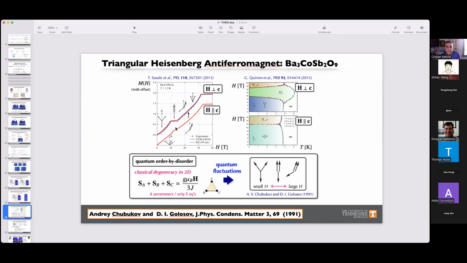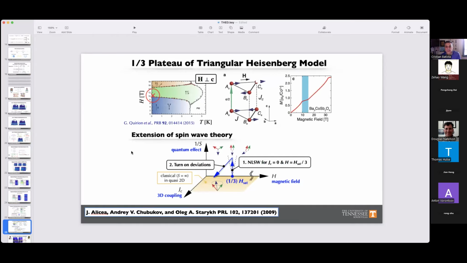And interestingly, the dynamics inside this plateau phase is quite interesting because, as I will argue in a moment, you get bound states and resonances. And the question is if we can model that again, using this methodology, get the intensities of the peaks and the frequencies. And in this case, for this material, as I said, there is this plateau.